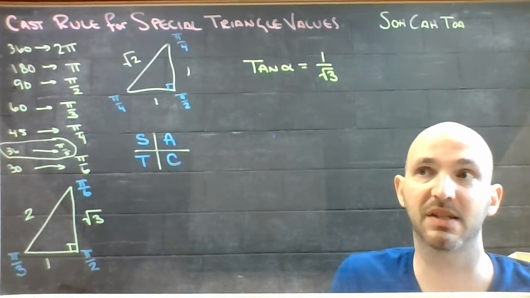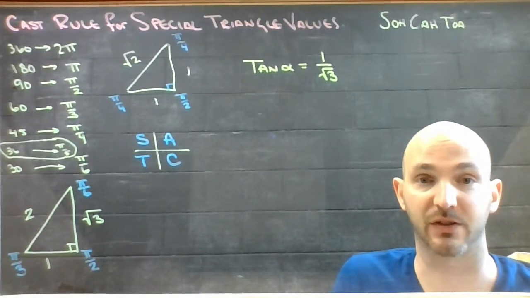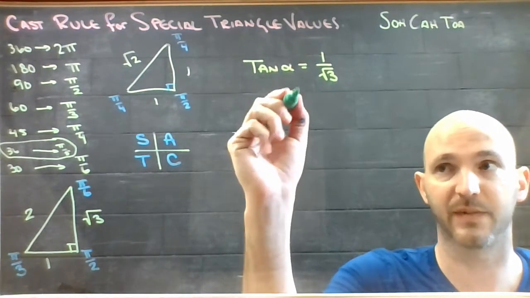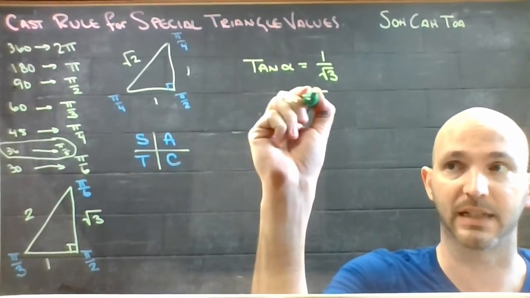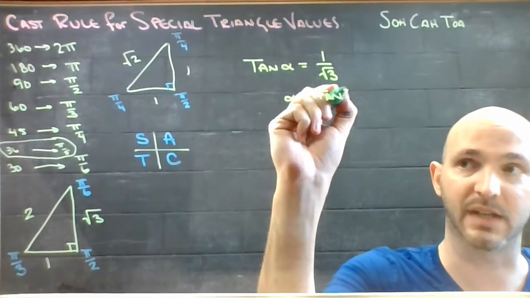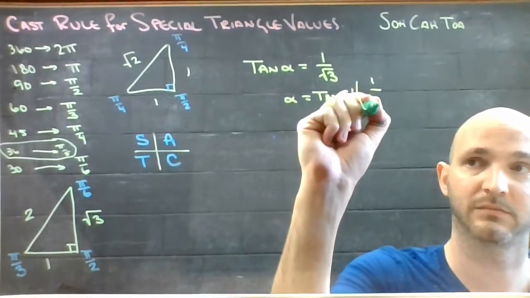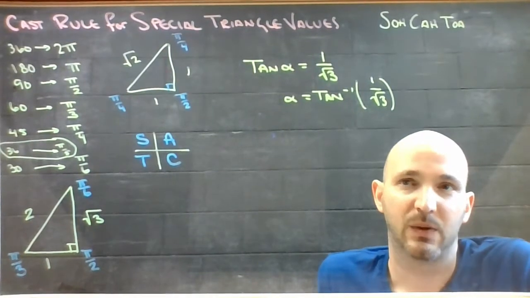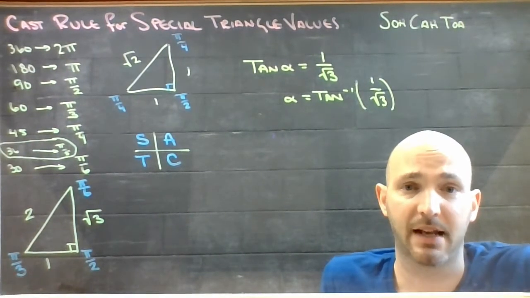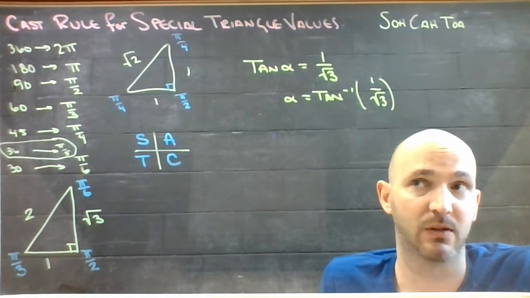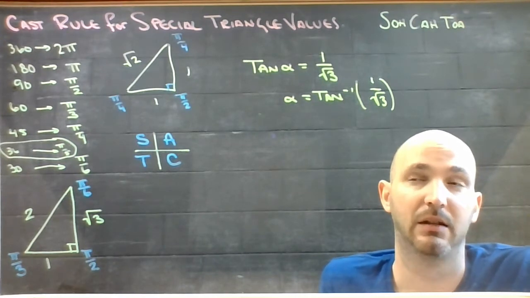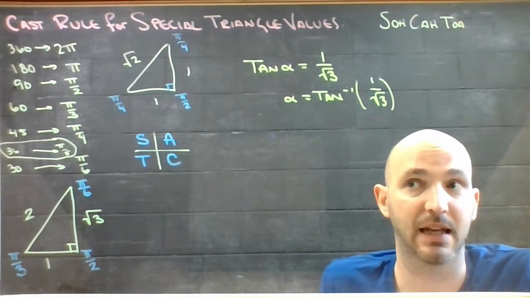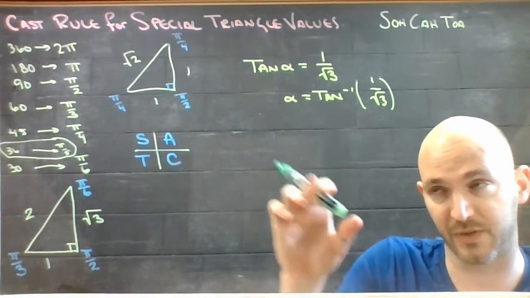All right, so this one is going the other direction. In order to solve this, I'm going to have to arctan the other side. And so that's asking me what set of angles would return 1 over root 3 as my tan ratio of this particular angle.